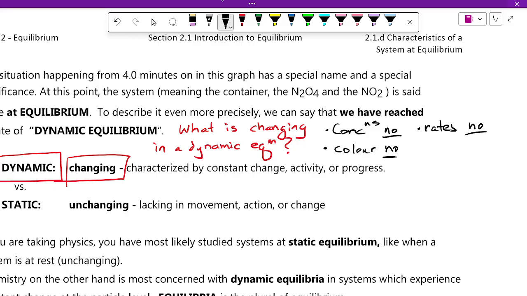Okay, yes. Potential energy. Well, we have the same concentrations of products and reactants, and they all contain the same amount of energy as they did before, so no. Jonah? The particles, yes.